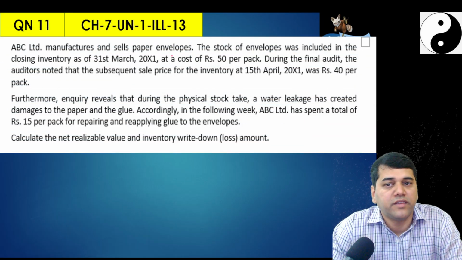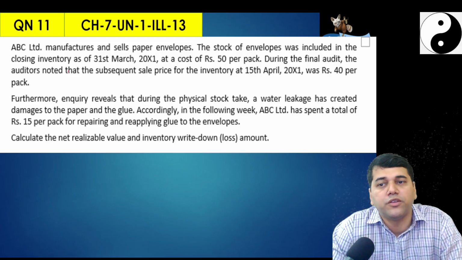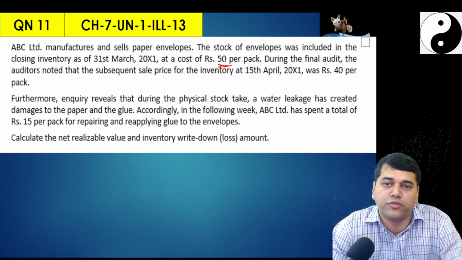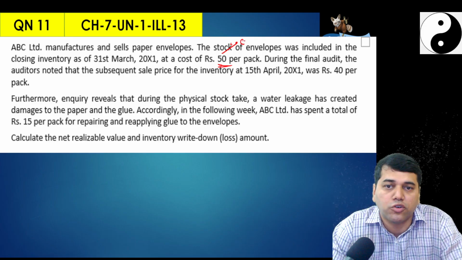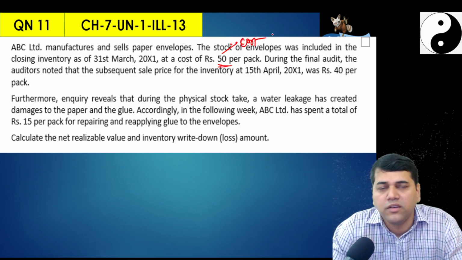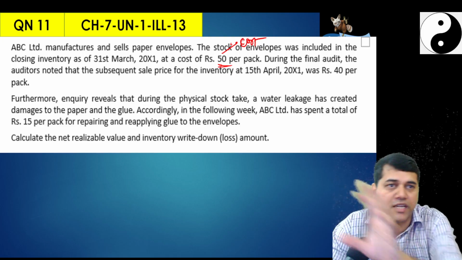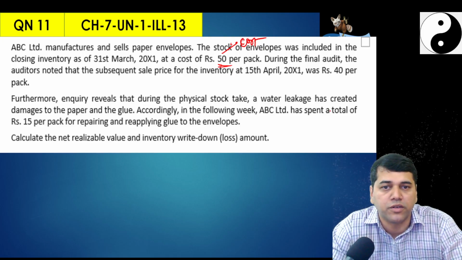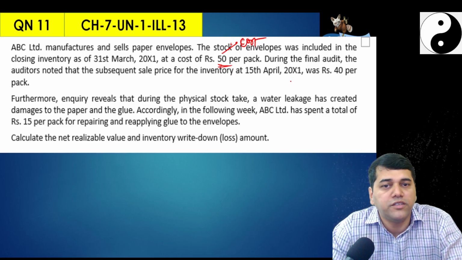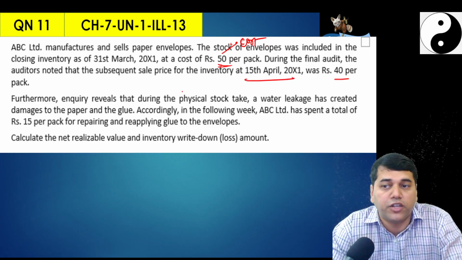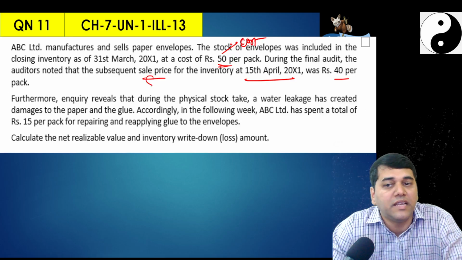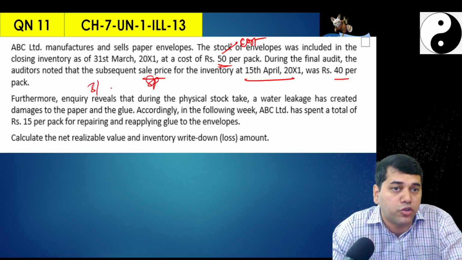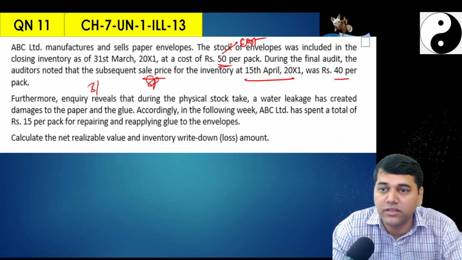ABC manufactures and sells paper envelopes. The stock of envelopes included in the closing inventory is 50 rupees. So this is the closing cost, which has come through an inventory valuation technique, whatever, FIFO method, weighted average method. During the final audit, they noted that on 15th April, 40 rupees per pack is the selling price. So on 31st March, you have to estimate and you will consider this.